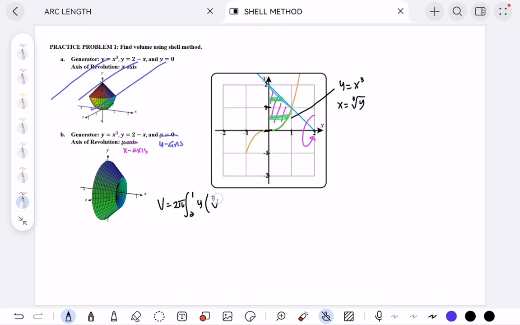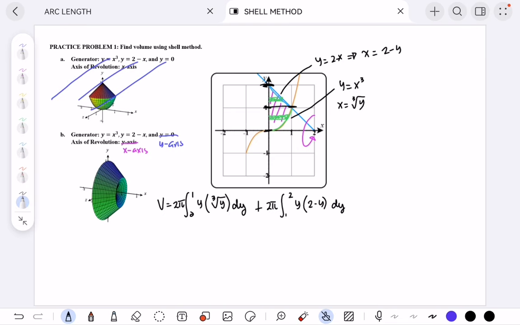So I have cube root of y dy plus, for this part from 1 to 2, 2 pi integral from 1 to 2 of y times, the rectangles here have height y equal to 2 minus x, which I can rewrite as x equal to 2 minus y. So this is 2 minus y dy.